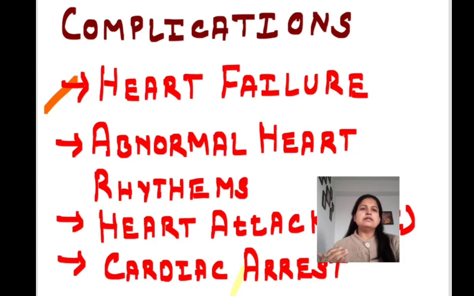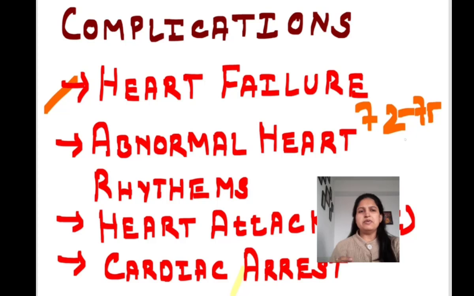Now the second complication which develops due to CAD is abnormal heart rhythm. In the cardiac cycle, we have already studied that the heart beats about 72 to 75 beats per minute. We can say that one cardiac cycle completes in 0.8 second.